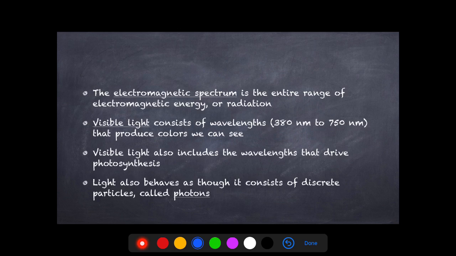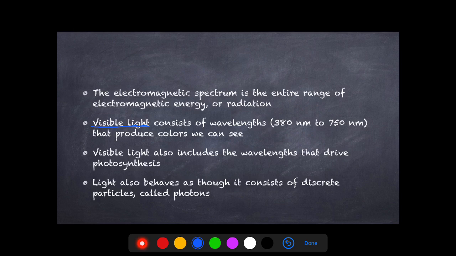There's something called the electromagnetic spectrum, which is basically the entire range of electromagnetic energy or radiation that we have. This can be from the smallest, which is a nanometer, which is usually your gamma rays, to the length of a kilometer, which is radio waves, the largest wavelength that you can have.